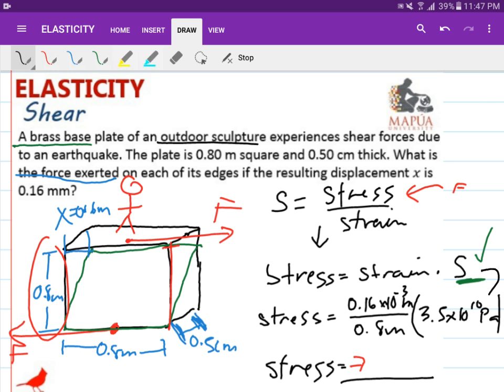Sorry for the mistake earlier, this is the shear moduli for the brass plate. And the answer should be, the stress is 7.0 times 10 to the 6 pascals.